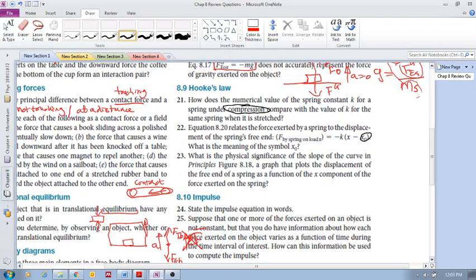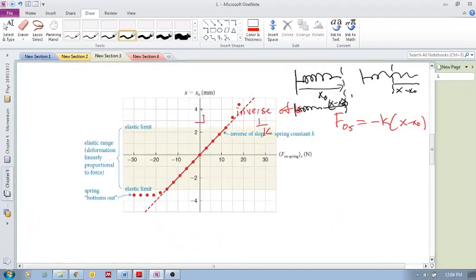23. What is the physical significance of the slope of the curve in Principles Figure 8.18? A graph that plots the displacement of the free end of the spring as a function of the x component of the force exerted on the spring. This is it. So let us erase that quickly.